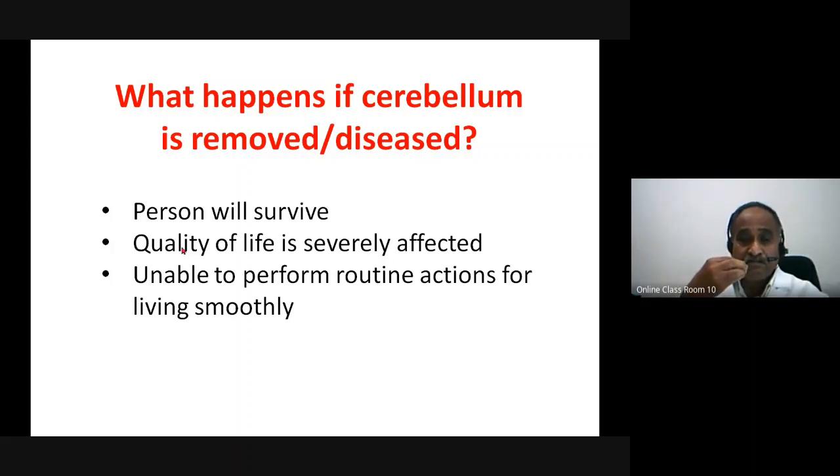It will go here and there and drop. So you will not be able to eat properly, and at the same time you will not be able to perform other routine activities which are essential for our survival. That is what happens when the cerebellum is diseased.